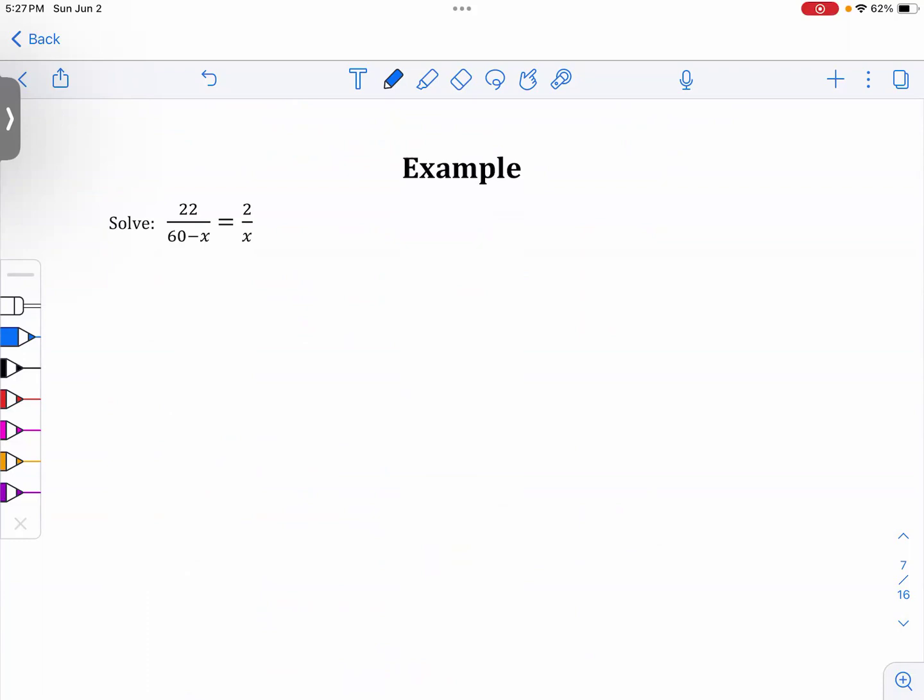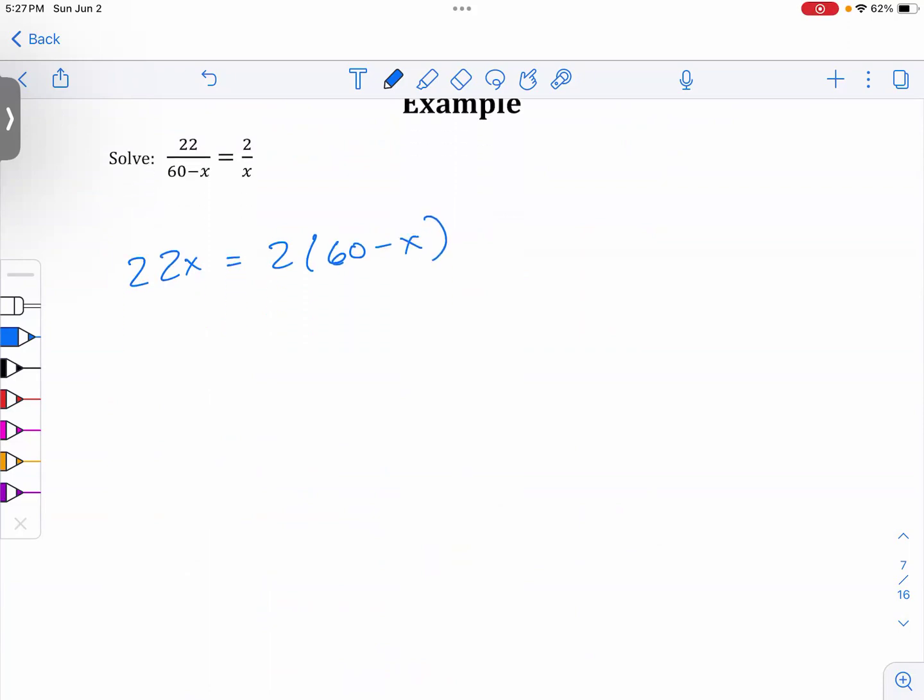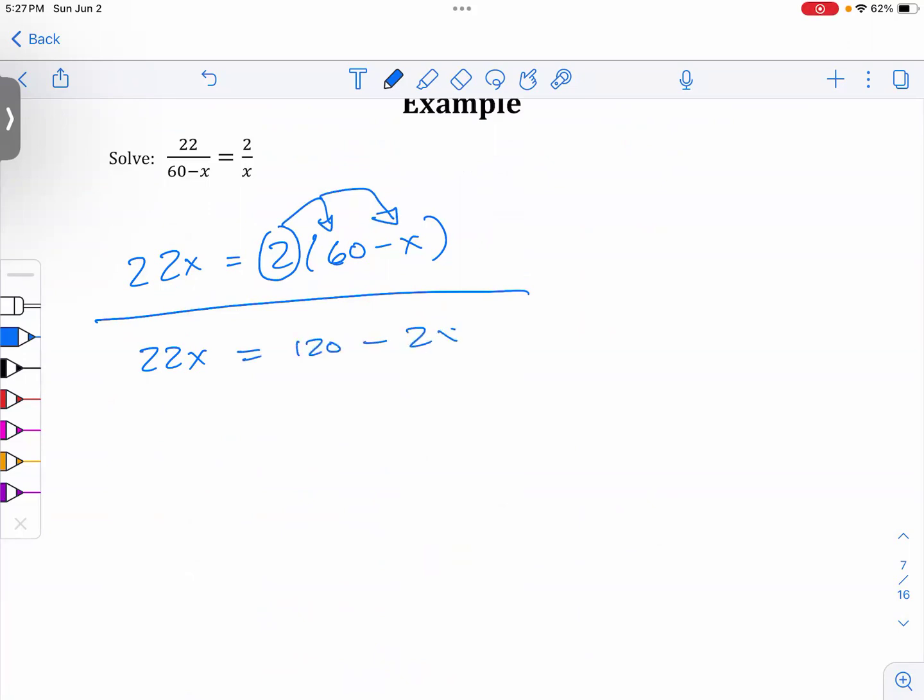Similarly, let's test that again, just solving an equation. So 22 times x, cross multiplying, and then 2 times 60 minus x. And then I end up with an algebra problem again. So 22x, distribute this in, and then get the x's to one side.